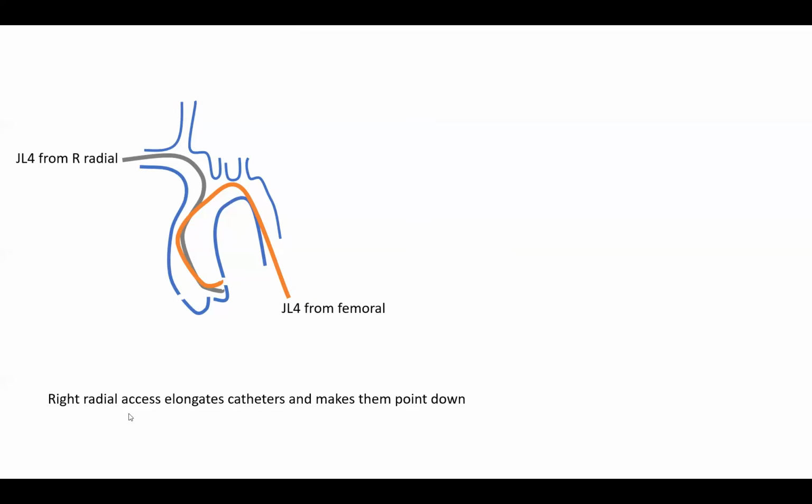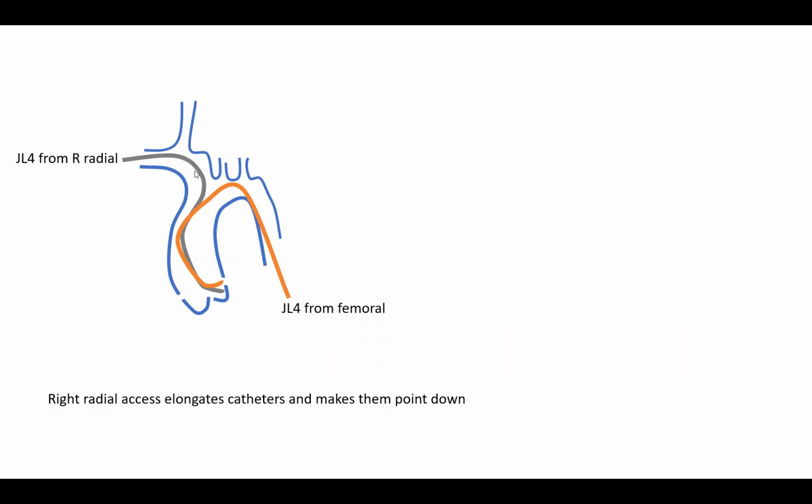The idea I want you to recognize here is that a right radial access, and even left radial to a lesser degree, elongate catheters and make them point down. Because of that bend here at the innominate, the catheter is spread out and elongated, which makes it point down compared to coming from a femoral access. For that reason, Judkins left 4 will end up being too long for this patient.